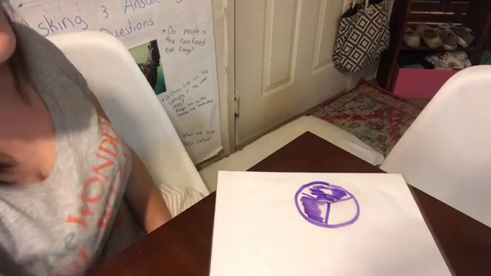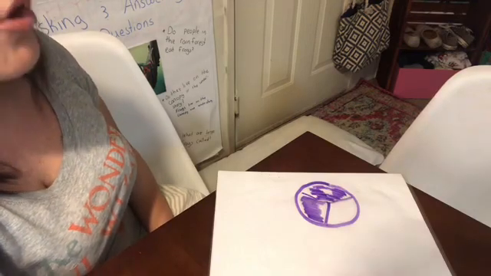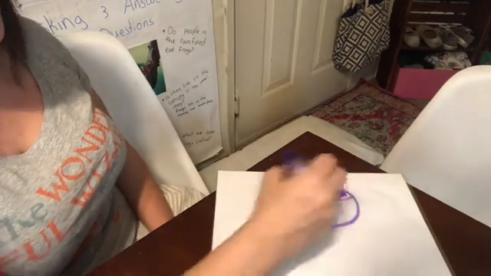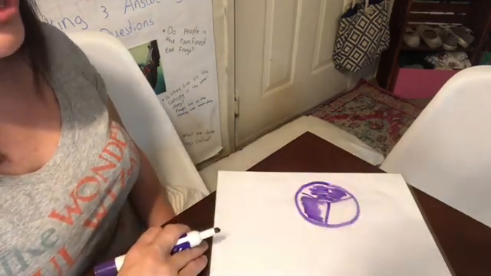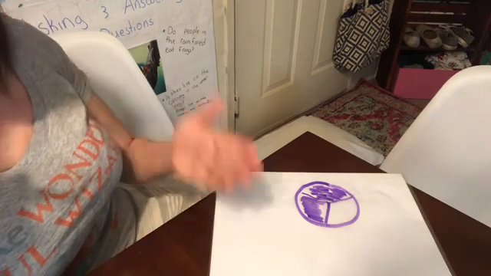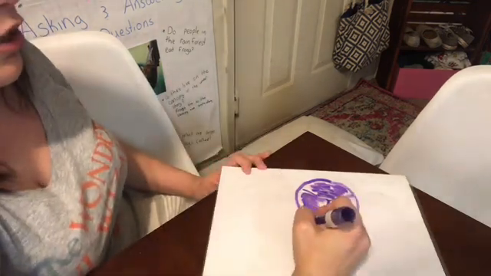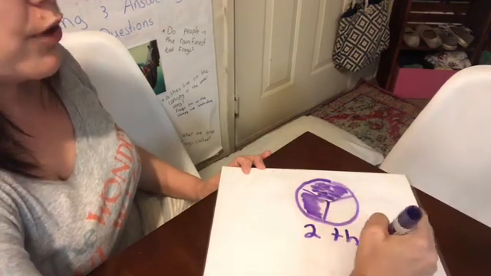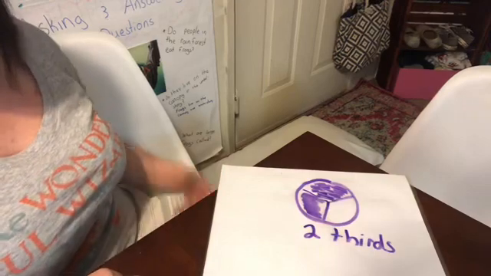Now what I want you to think about right here is how many parts I have shaded in. How can I write that in unit form? Think it and say it out loud. That's right, 2/3. On your whiteboard, go ahead and write down 2/3.